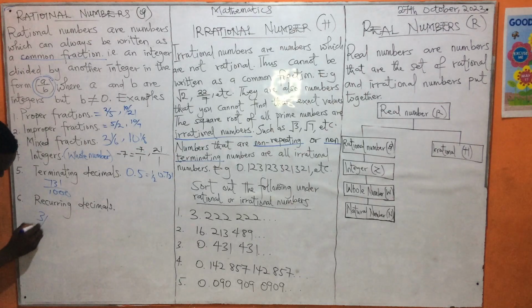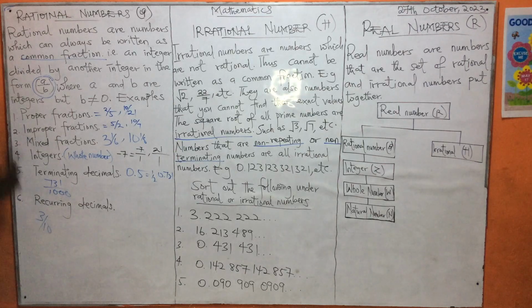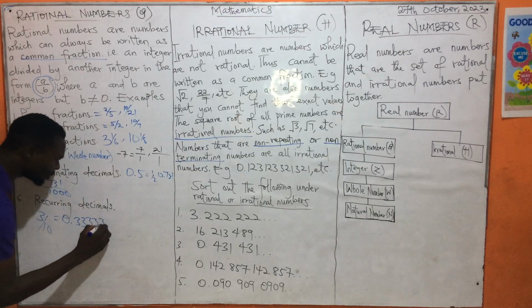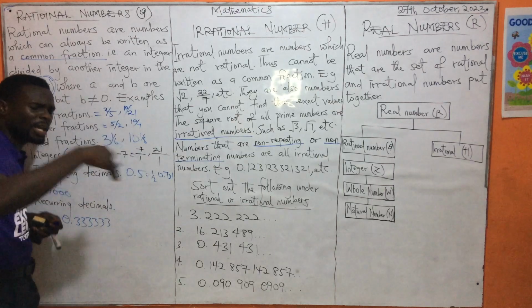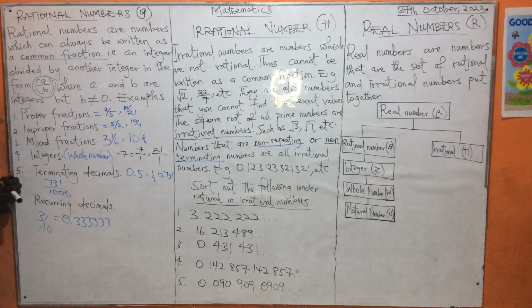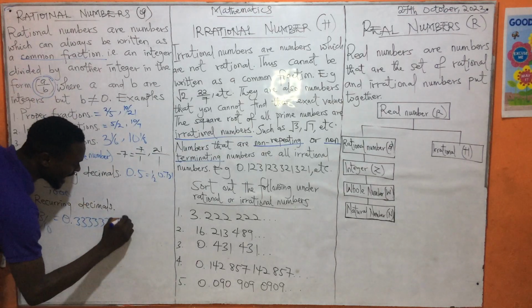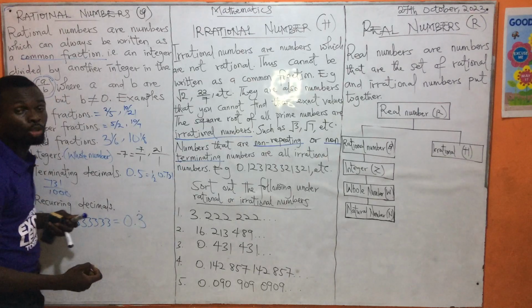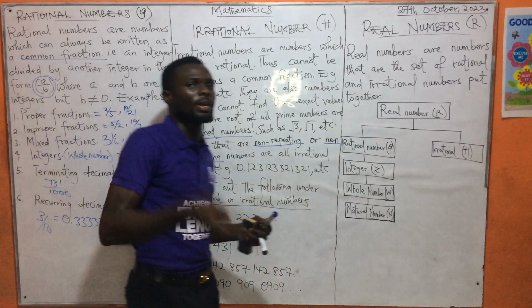3 over 10, if I try to change this fraction into a decimal, what am I going to get? I am going to get 0.3333333 to infinity. It has no end. So we say that 0.3 with a dot on top is a recurring decimal.